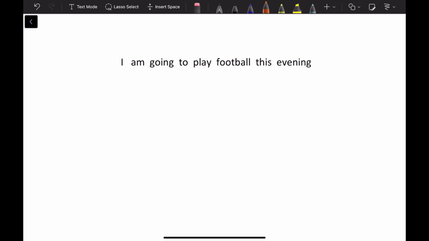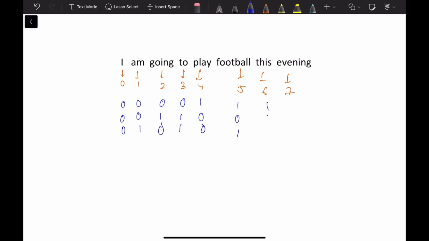So here we have 0, 1, 2, 3, and their binary values. This method seems clever, right?